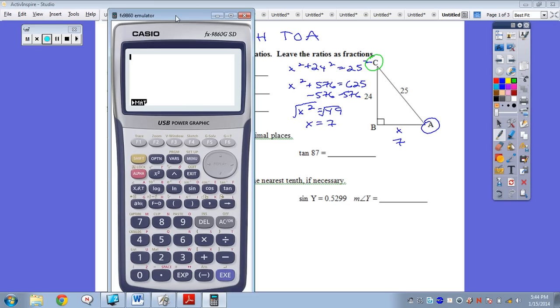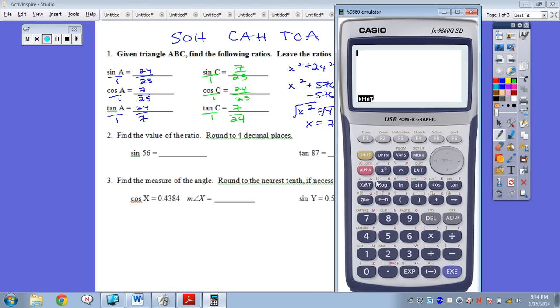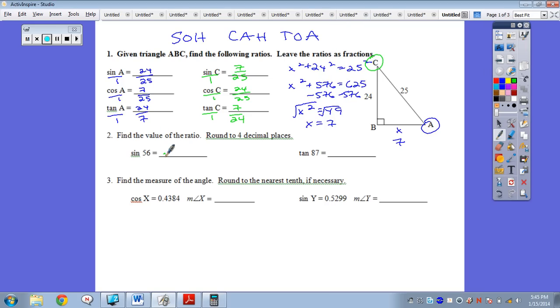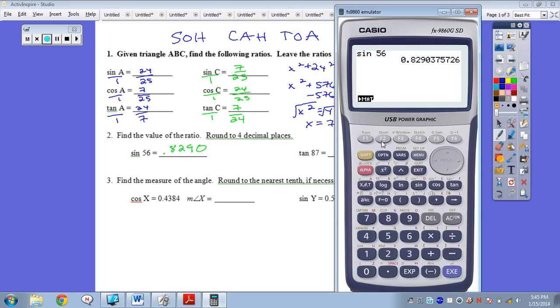And we're going to do sine of 56, enter, okay, 0.8290. So 0.8290 is what is equivalent to sine of 56. Alright, tangent of 87.